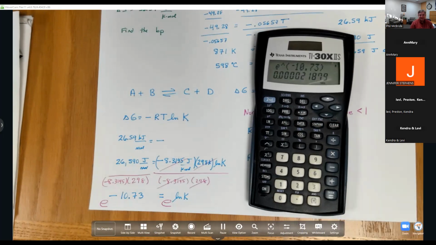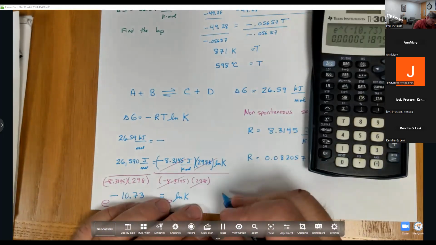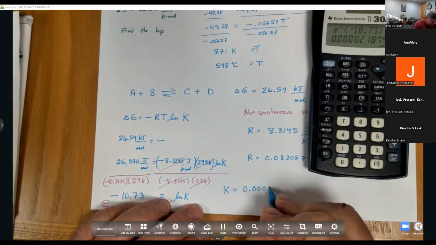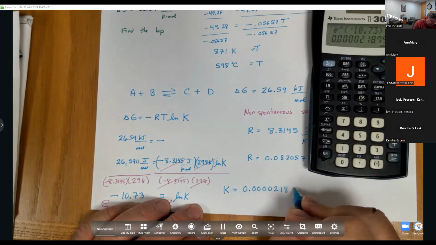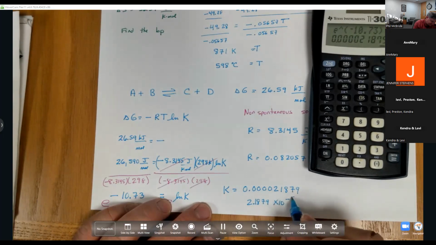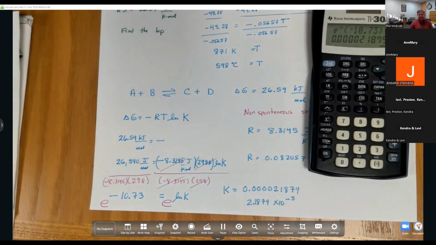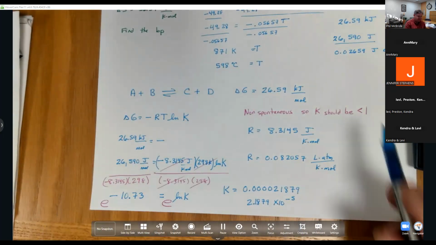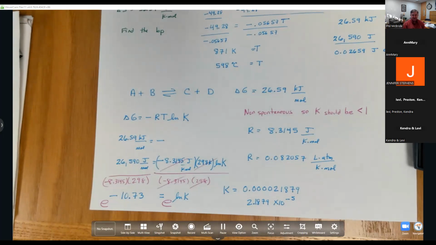So 0.00002 1879, or 2.1879 times 10 to the negative 5. And that number is definitely smaller than 1, which we predicted, so it should be good.